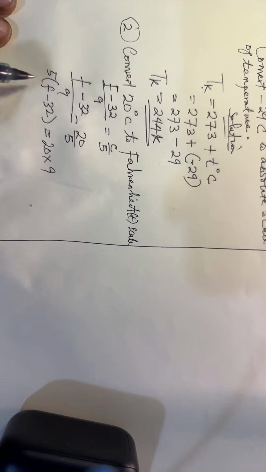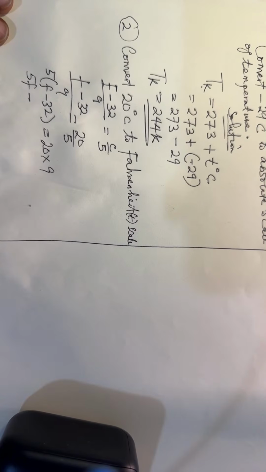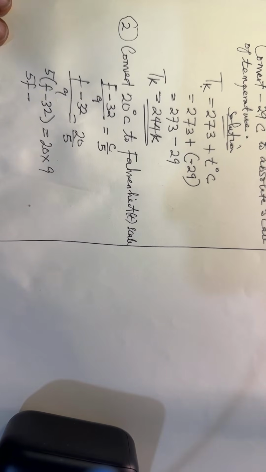Distribute this: 5 times F will give us 5F minus, class, what is 5 times 32? Everybody, let's go. I'm waiting for your response.